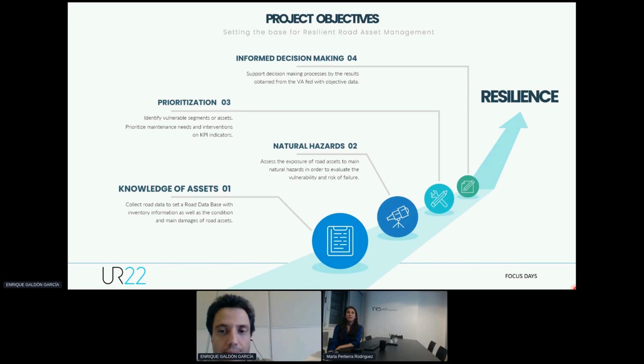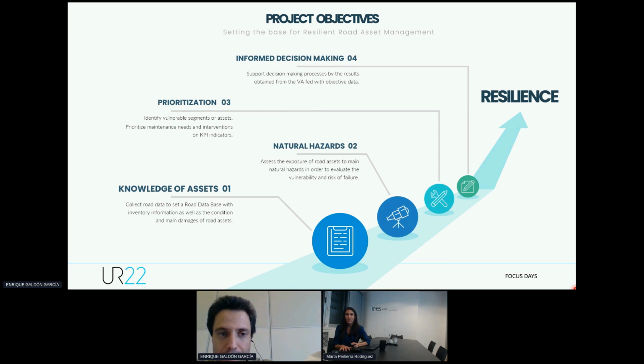Okay, so the project objectives. As I was saying, the project name was Vulnerability Assessment and Climate Resilient Road Strategy. This gives us already some tips. What we are trying to set is the base for resilient road asset management. So the first step, the first objective is to improve the knowledge of assets. And how to do that?